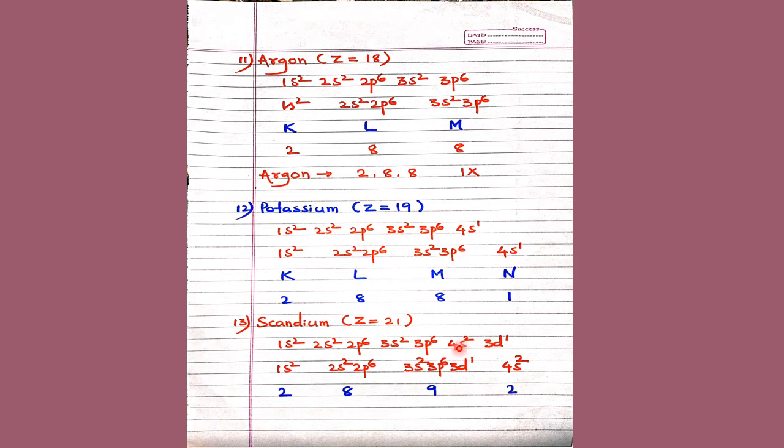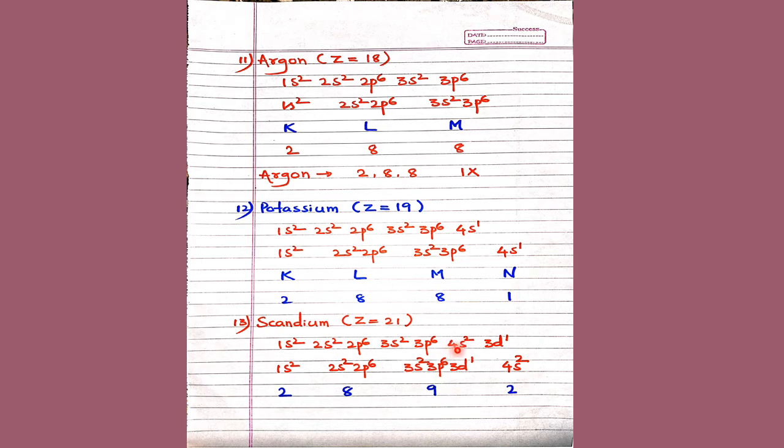Though 4s belongs to the fourth principal quantum number, why is it filling first before 3d? Because here comes the Bohr-Bury rule, the n plus l rule. For 4s, what is n plus l? n equal to 4, l equal to 0 for s. So 4 plus 0, 4.